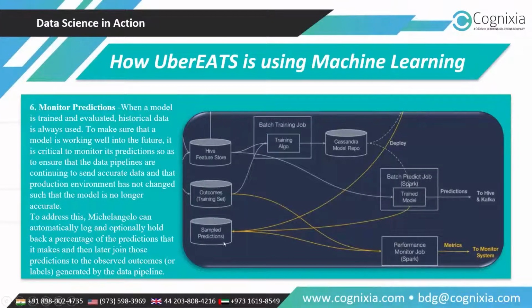Once you have these two pieces of information, the prediction information and the actual outcome information, you can combine them together, and then you calculate some important metrics, like the difference between the actual time of delivery and the predicted time of delivery.